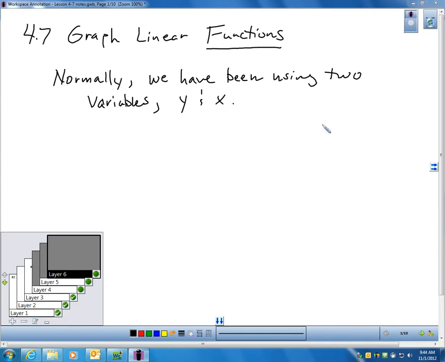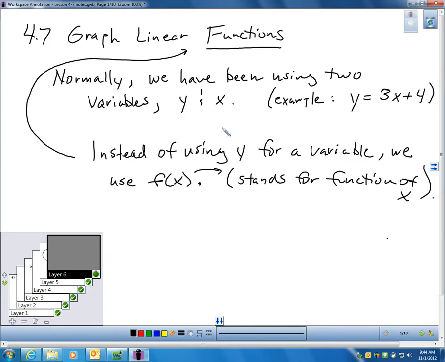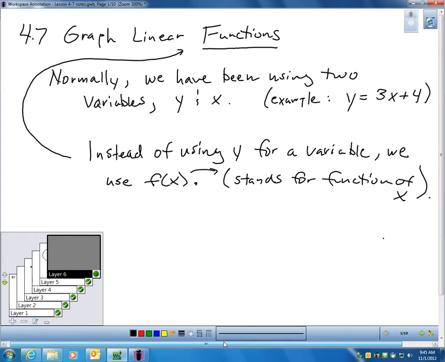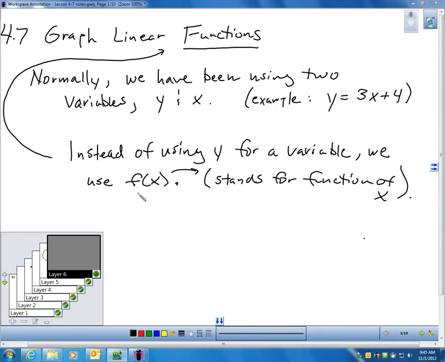You'll see that highlighted at the top of page 262. We've been using the variables y and x all year, like y equals 3x plus 4. Instead of using y for a variable, we will sometimes use f of x. f of x stands for a function of x.